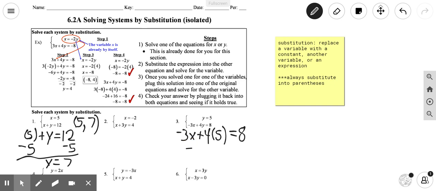All right, so now we are going to have a two-step equation. So negative 3x plus 20, because 4 times 5 is 20, equals 8. Use our inverse operations, so we'll subtract 20 from both sides.